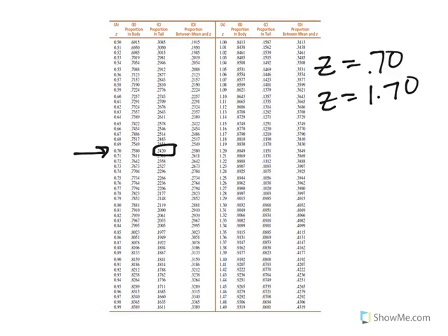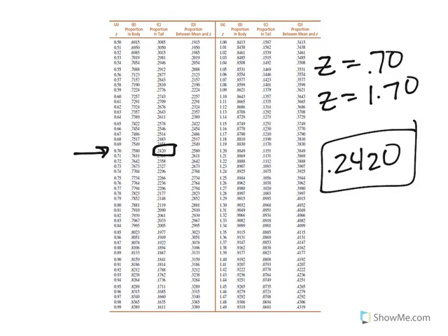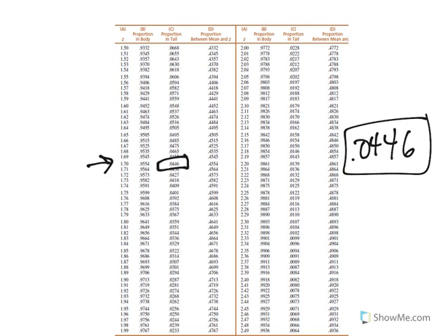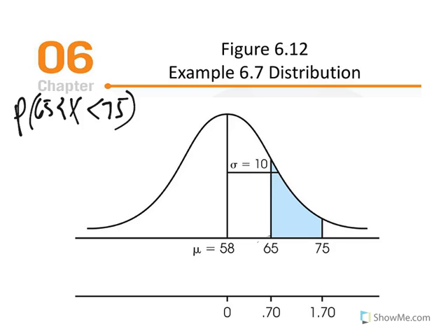So the tail here is 0.2420, and 1.7 is here, and that proportion is 0.0446. So I'm going to use both of those values and use the graph to then figure out that area of interest.